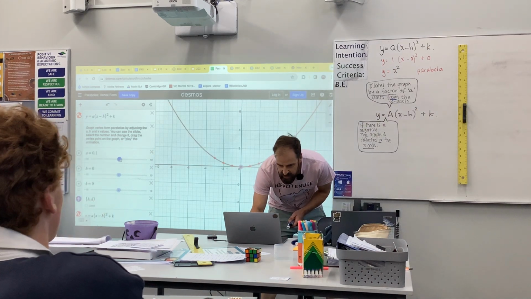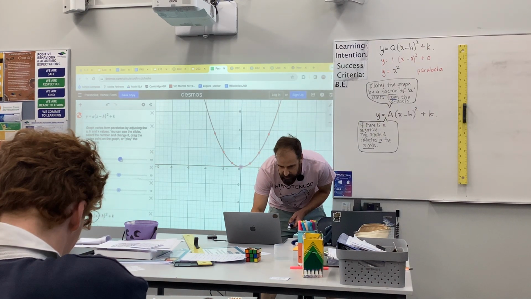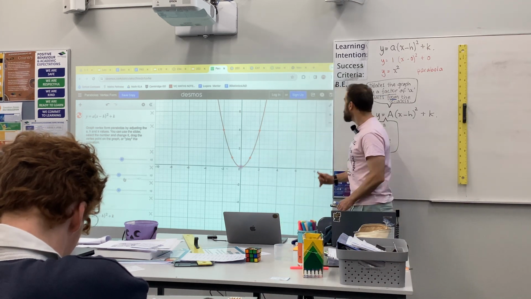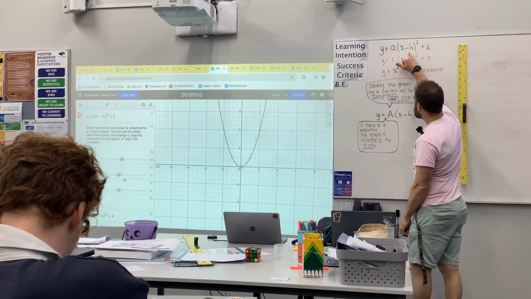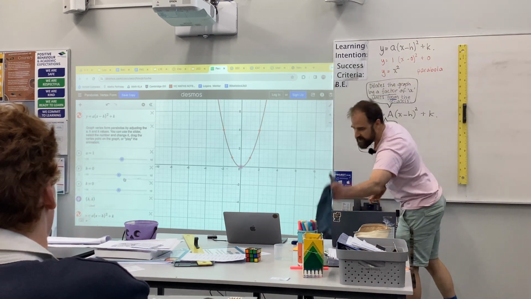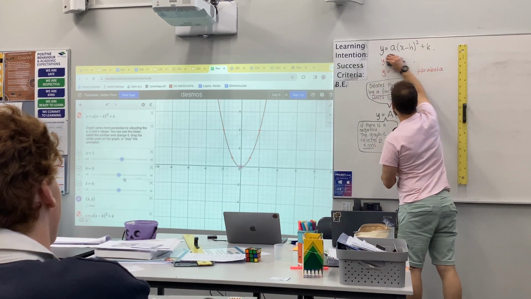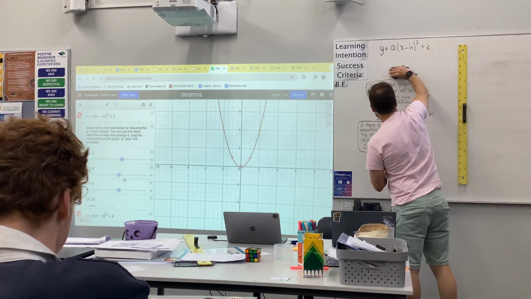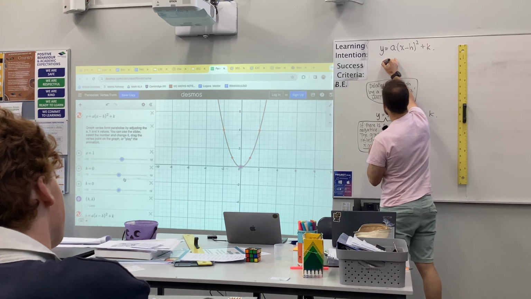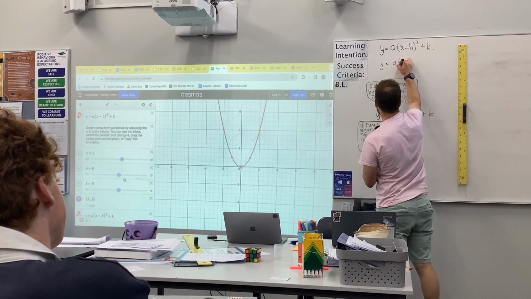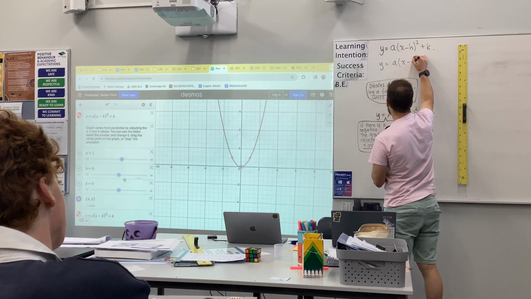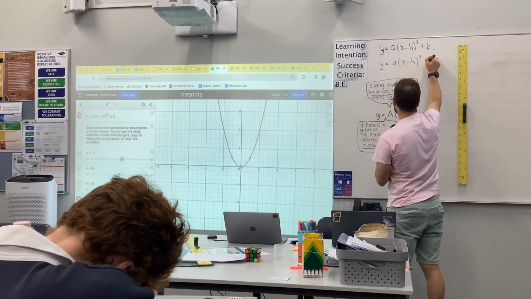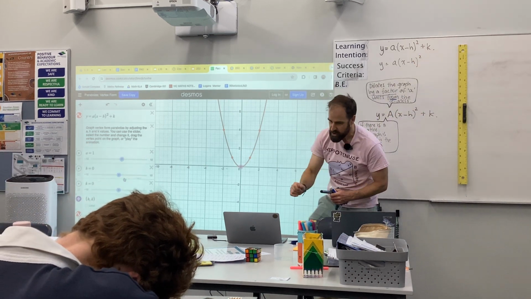Let's go back to a equals 1, our basic graph. Let's now have a look at what happens when I change the h value. I know some of you have done this before, so you'll probably be okay with it and you'll tell me what happens straight away. When I change the h value, watch what happens to the graph. So ignore the k for a moment.